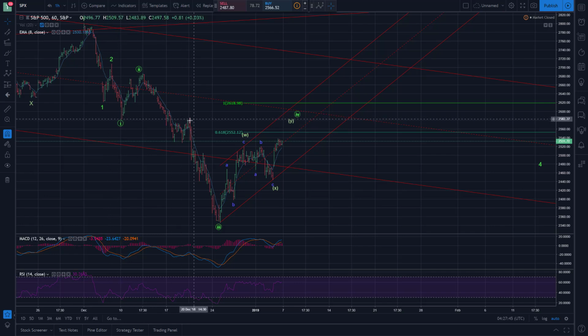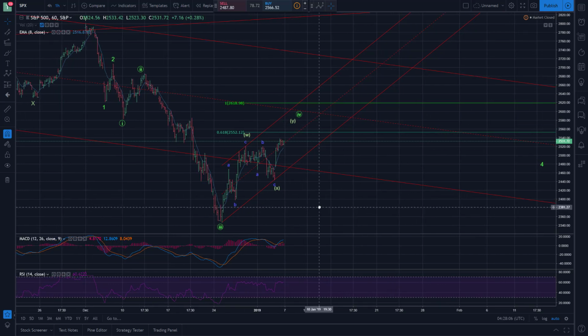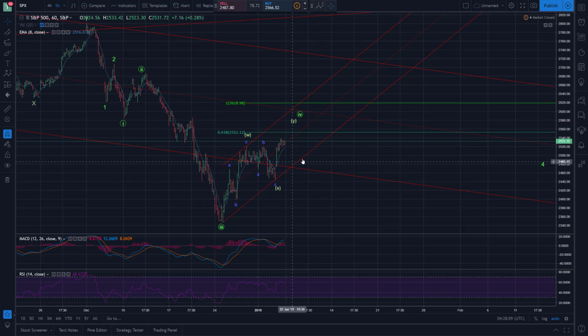And I'd like to see it basically stop right around here or before that. But this is another area to look for, that 2620, 2622 area. And then if we start going beyond that, we have to start entertaining that we may have something more bullish going on. But again, not currently anticipating that.